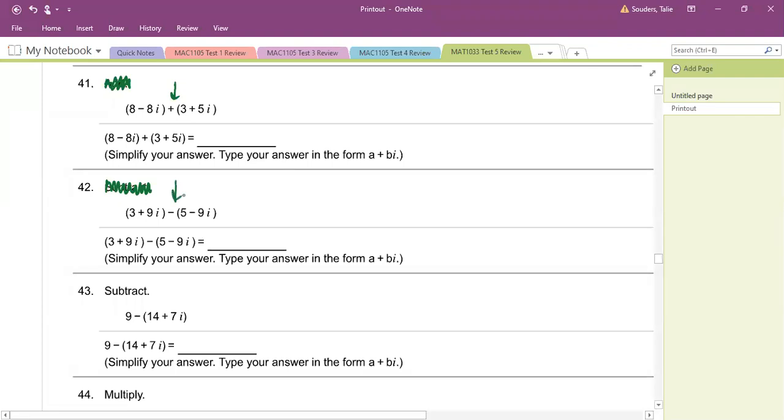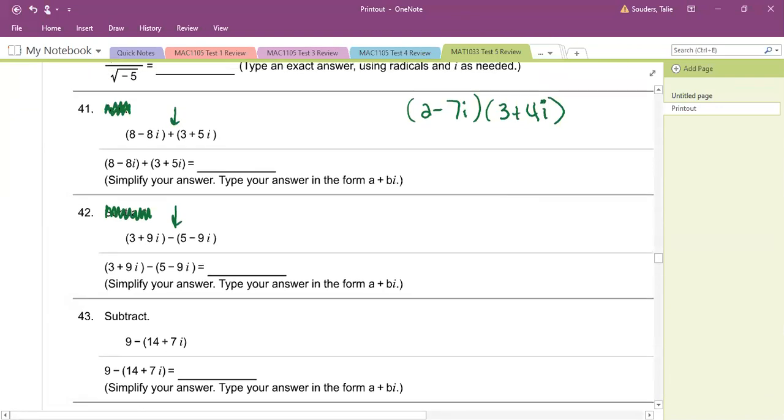Okay, what if I made up a random problem: 2 minus 7i times 3 plus 4i. Even if there were no instructions, what operation am I doing there? Multiplication. How did you know I was multiplying there? Just from previous classes, I guess. Yeah, if there's no sign there, the assumption is that it's multiplication.